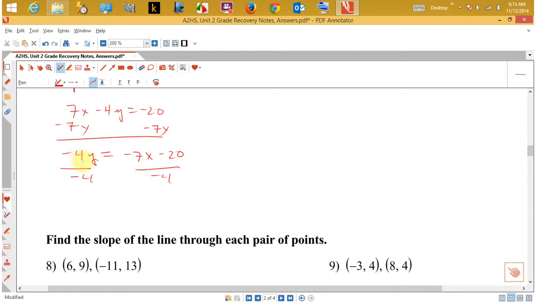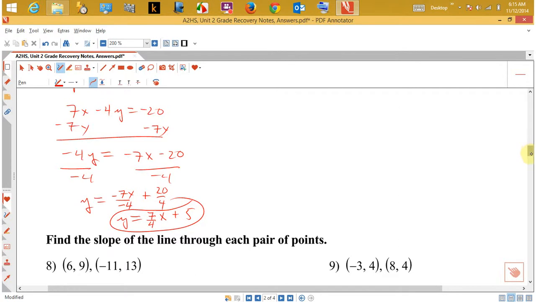This is going to be, of course, a y. Now on the other side, I have negative 7x all over negative 4. Let's go ahead and just write that out so we don't lose any signs. And then I have a negative over a negative, that would be plus 20 over 4. So what I'll have is y equals, now I have a negative divided by a negative, so that's going to be 7 over 4 x. Put the x up by the numerator because it is a numerator. Don't put it down here close to the 4 because it's not a denominator. And plus 20 divided by 4 is 5.